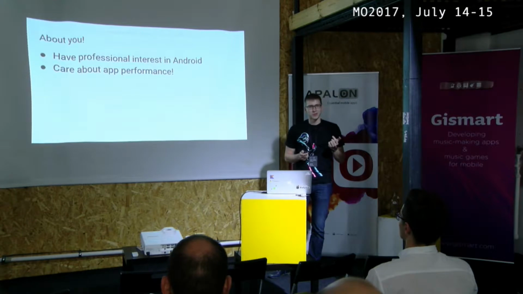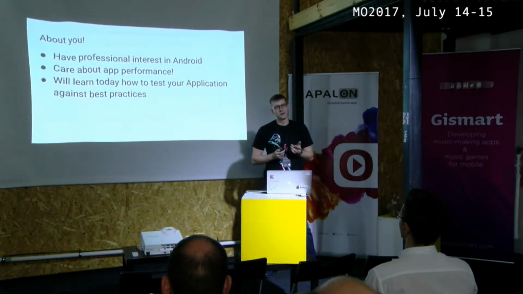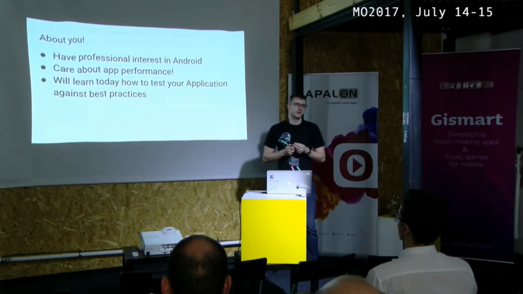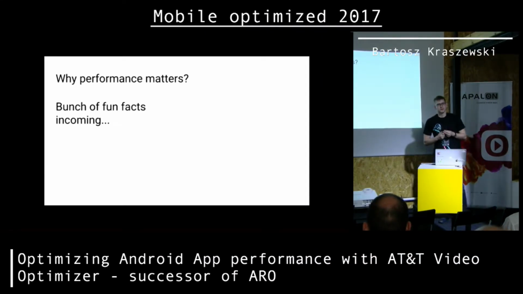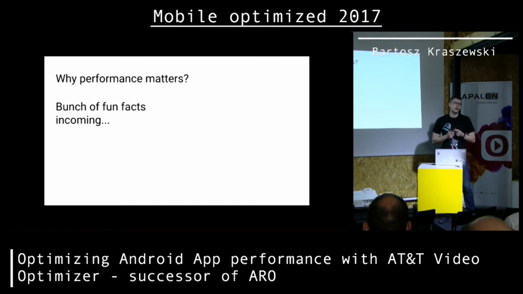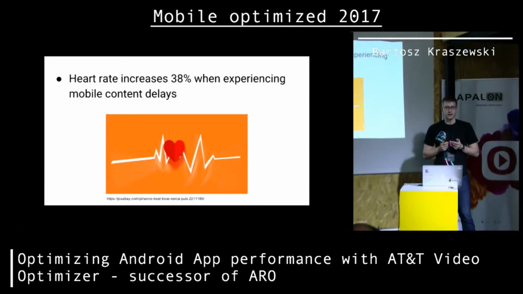I know that you will be rewarded after this session because you will know how to test your application against industry best practices. So why does performance actually matter? I prepared a bunch of fun facts that are mostly related to network performance. First of all, based on our research, user heart rate increases 38% when experiencing mobile content delay.